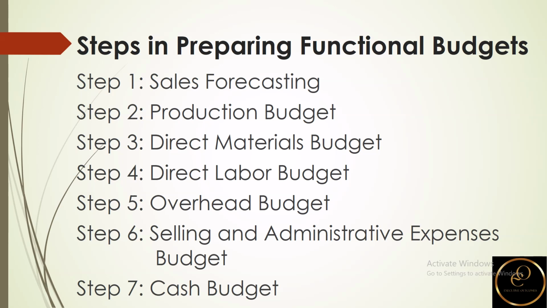The direct labor budget, just like the direct material budget, can only come after you have established a production budget. So with the direct labor budget, you need to know how many hours, for instance, are required to produce the levels that you have set.